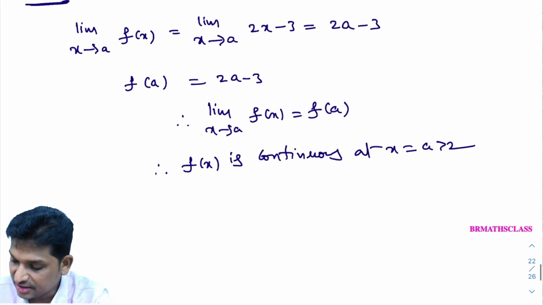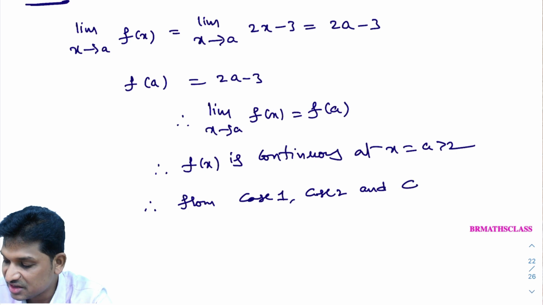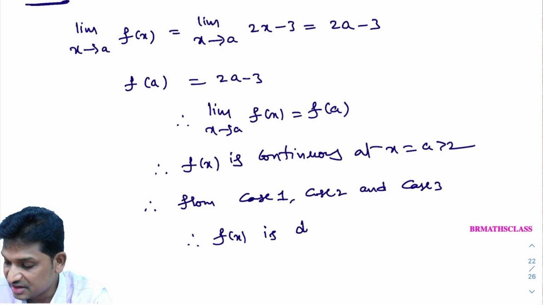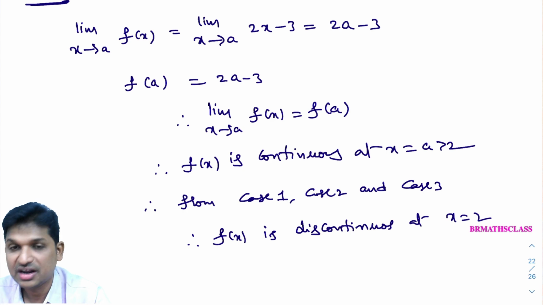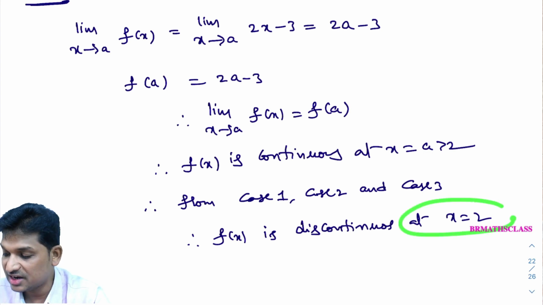Therefore, from case 1, case 2 and case 3, f of x is discontinuous at x equal to 2. They are asking to find all points of discontinuity. It is discontinuous at only one point, that one point is at x equal to 2.